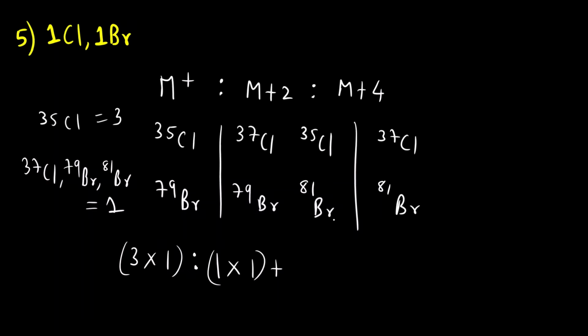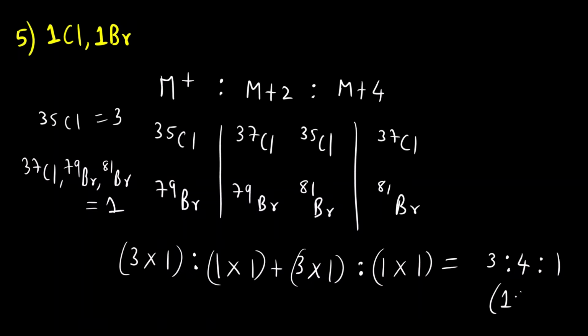Then another possibility, 35 Cl is 3, 81 Br is 1. And 37 Cl is 1, 81 Br is also 1. So what is the ratio? 3 1s are 3, then 1 into 1 is 1, 3 into 1 is 3, 3 plus 1 is 4. So 3:4:1. This is the ratio when there is 1 chlorine and 1 bromine atom present.